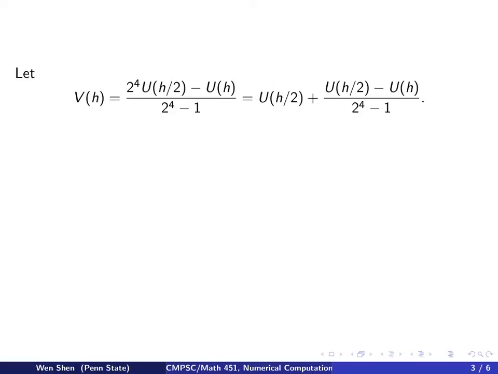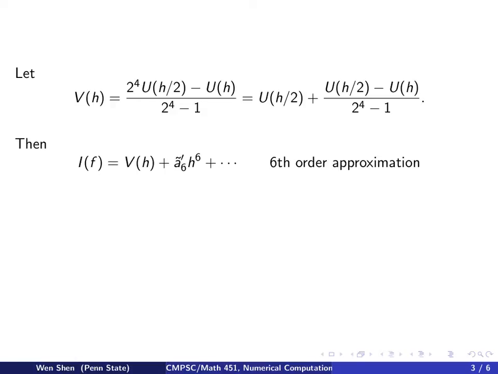Okay, let's denote that approximation v of h. That's exactly (2 to the 4th u(h/2) minus u(h)) over (2 to the 4th minus 1), which can be written into this form. That's just an algebraic manipulation. And then plug that back in.